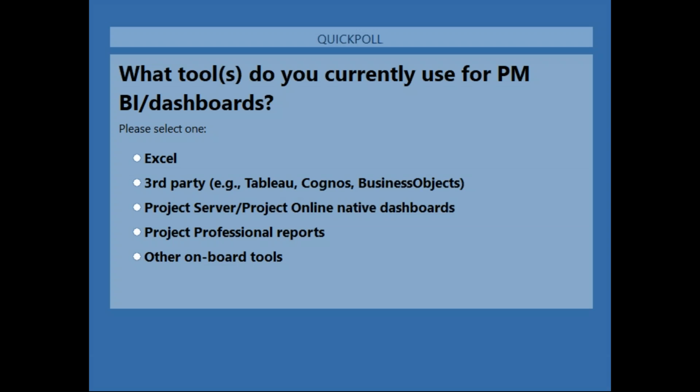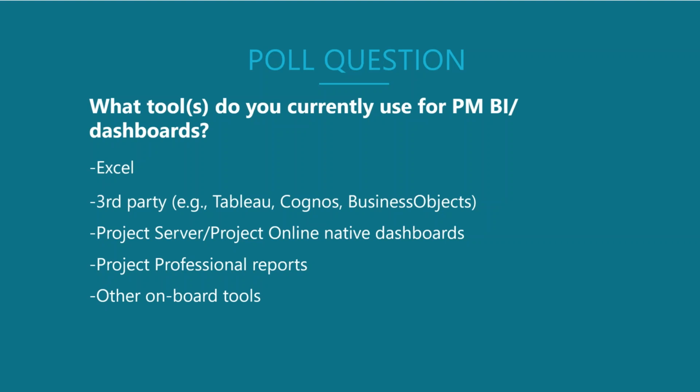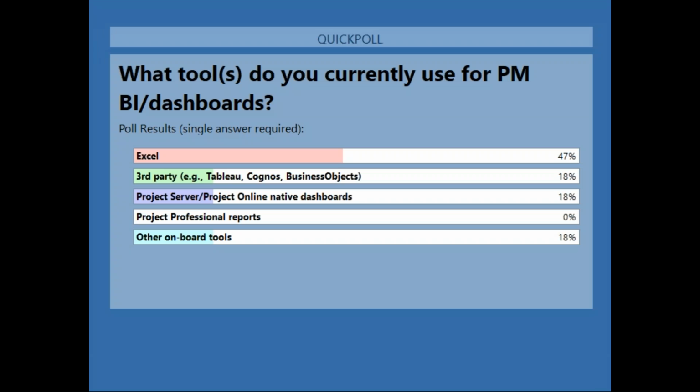Looks like the results are fairly consistent with times that I have presented this poll in the past. We're just about to come up on a minute there, and we'll let you round out 60 seconds with our submissions. Looks like everybody who's interested in answering has done so. So let me share this with you.